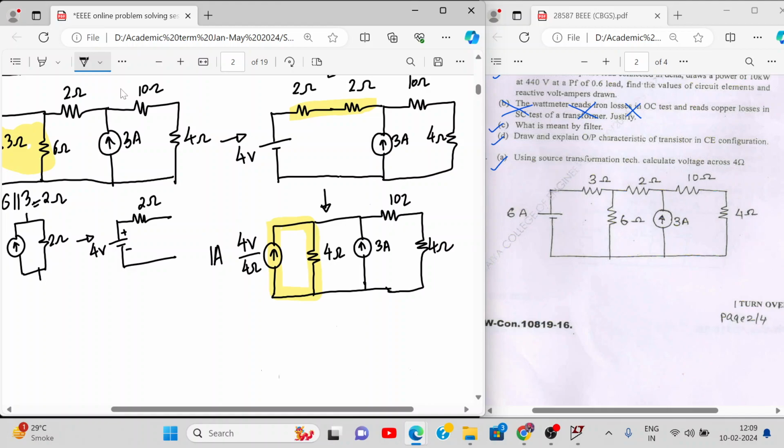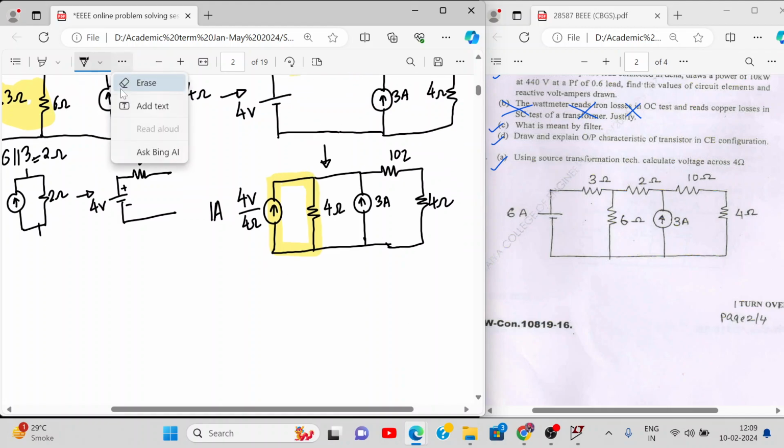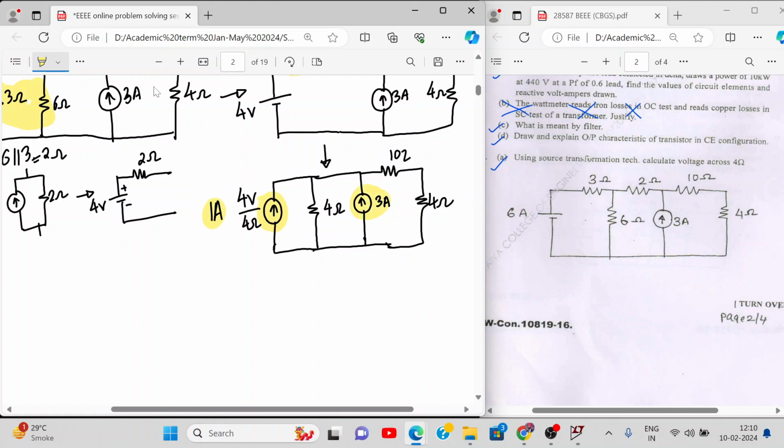Now what you will do, instead of doing this, can we add the current sources? We have to add the current sources only, because they are in parallel now, right? So this current source of 1 ampere we add to this current source of, oh, I thought I did it together only. Okay, one step combined.